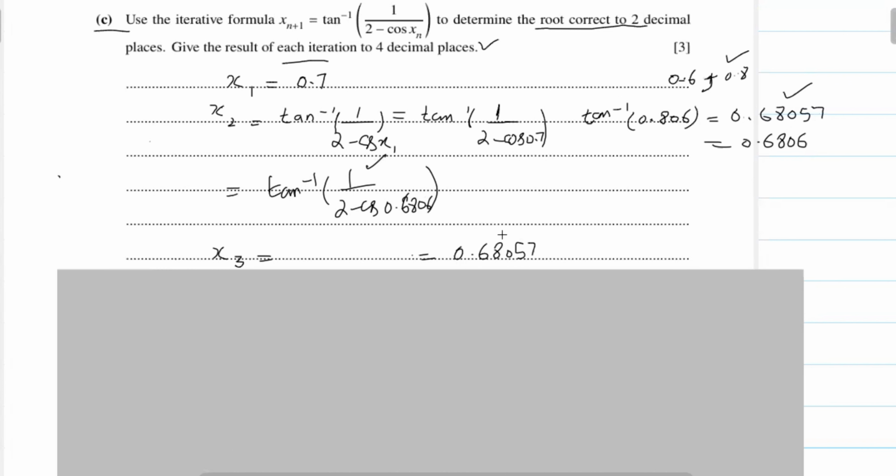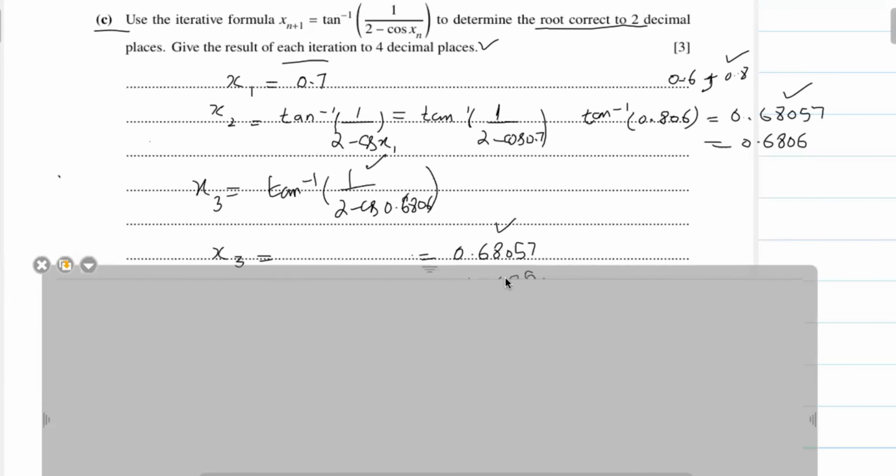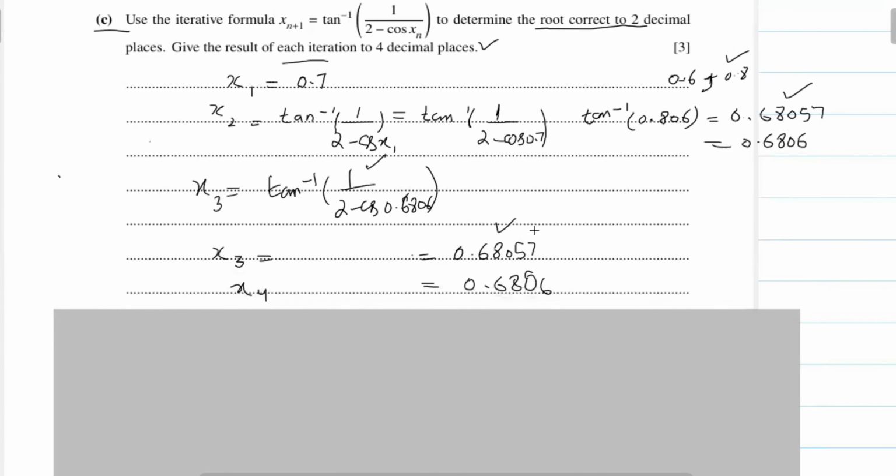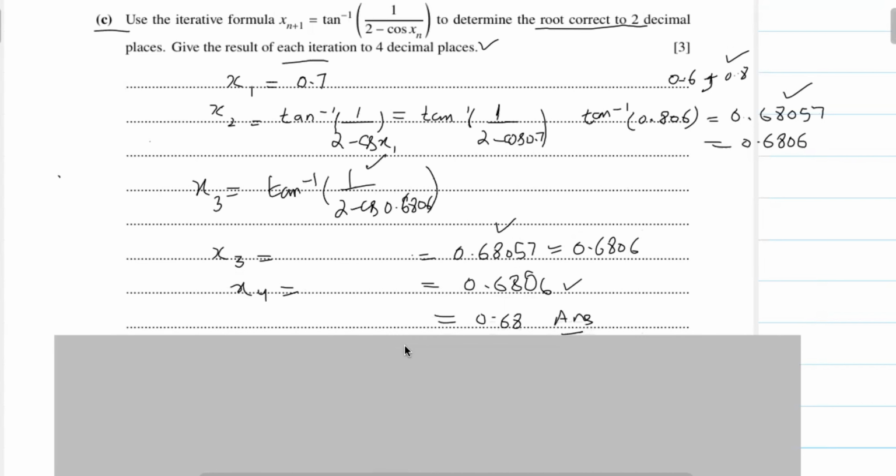That will be equal to 0.6806 and this is the x3 value. And the next value, when we calculate it, is also the same as the above value. Therefore, when the value repeats, this value will be the root of this iterative formula.